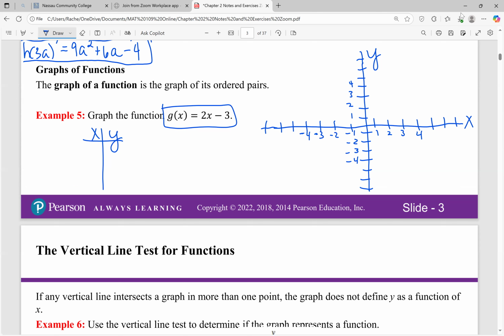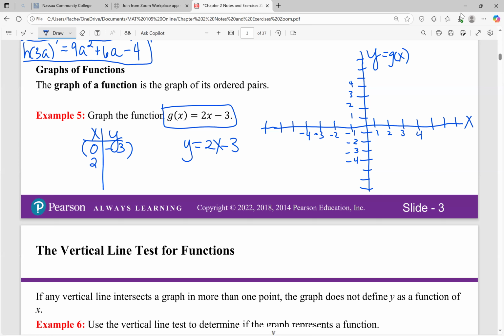Let's just pick some values for x and plug in and solve for y, because you could think of this as y equals 2x minus 3. g of x is the same thing as y. So what if x was 0? Plug it into the equation. 2 times 0 is 0. 0 minus 3 is negative 3. So one ordered pair that's going to be on this line is 0, negative 3.